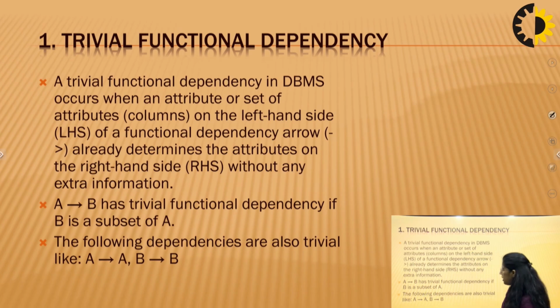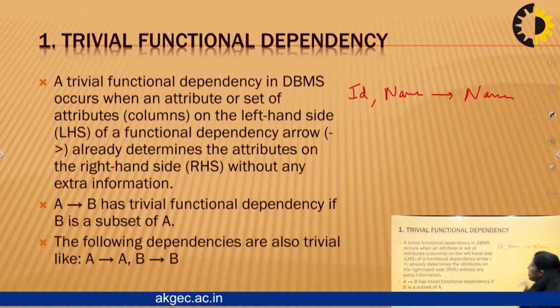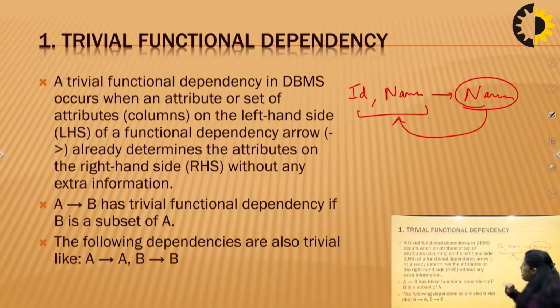What does this mean? For example, we have this particular ID and name attribute on the left side, and both of these together will be identifying name itself. So this is known as the trivial functional dependency, where this is the subset of this particular determinant.